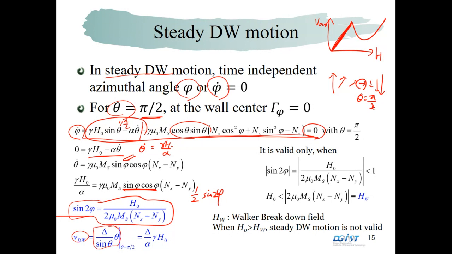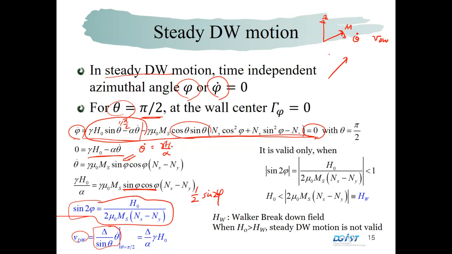Actually, no. The theta dot means the direction of the magnetization from the z-axis. The magnetization is changing to this direction. The ratio is theta dot. So this theta dot is related to the velocity of the domain wall.